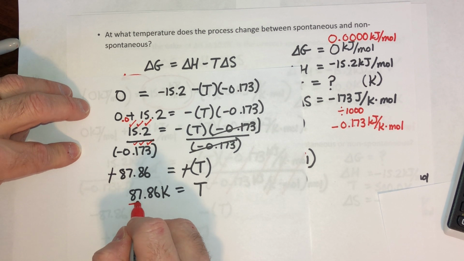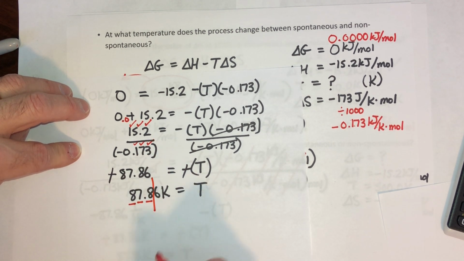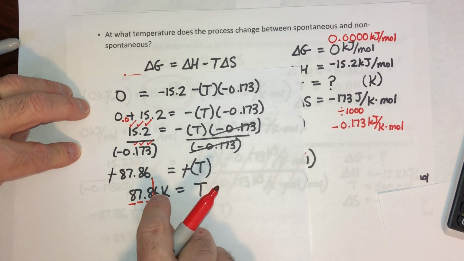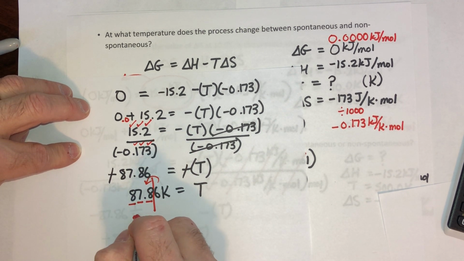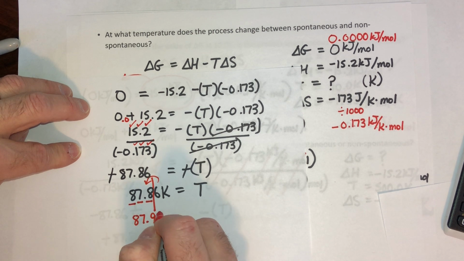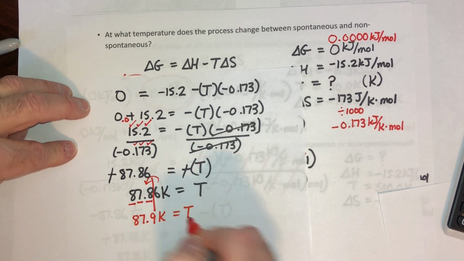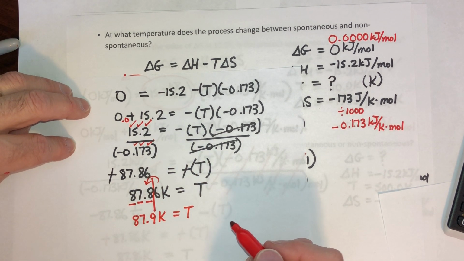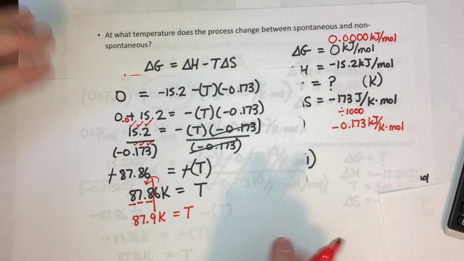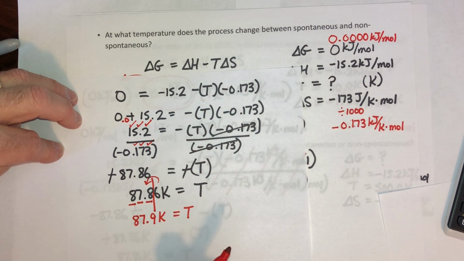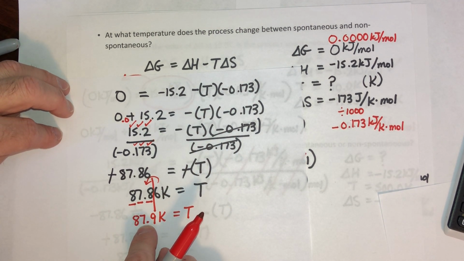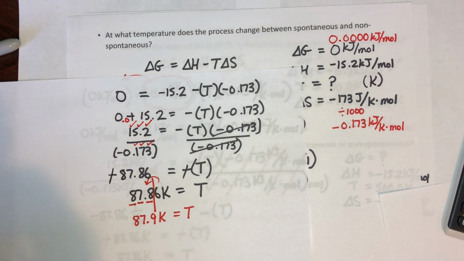So keep the 8, keep the 7, keep the 8, get rid of the 6. Because the 6 is bigger than 5, you're going to round up. So my final answer would be 87.9 kelvins is the temperature. Now, if you don't have to worry about significant figures, just leave it as 87.86. But if you are worried about sig figs, 87.9 is the answer that you want.